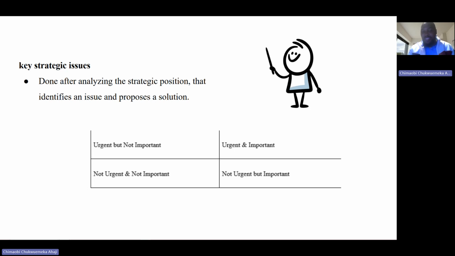Now, we could do this by using the matrix that is illustrated there, where we have urgent but not important, urgent and important, not urgent and not important, not urgent but important. So this way we could know what to focus on, what's important and what's urgent, followed by what's not urgent but important. Then, if we have time, we could address other things like urgent but not important, not important but not urgent. But this way guides us to always have our eyes focused on what's important and what's urgent.